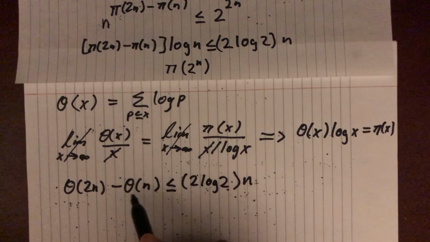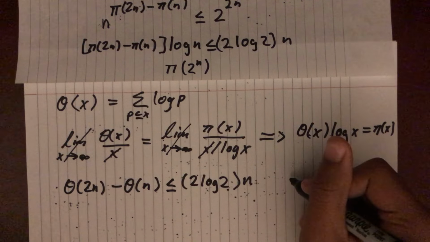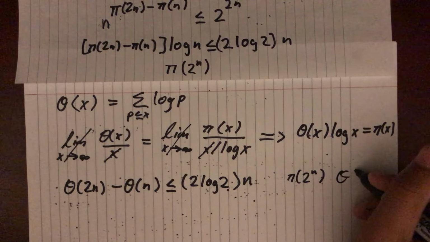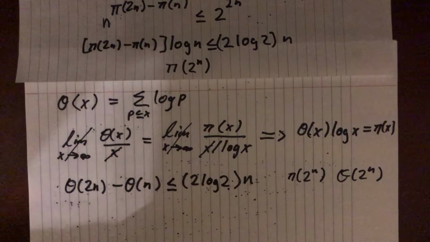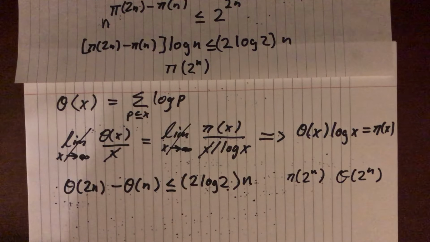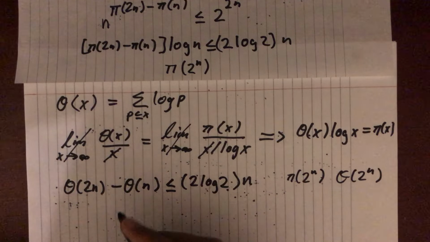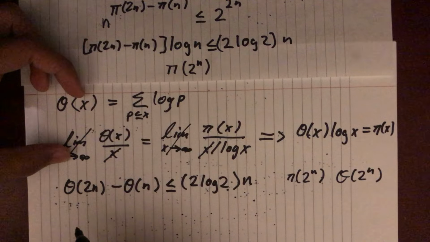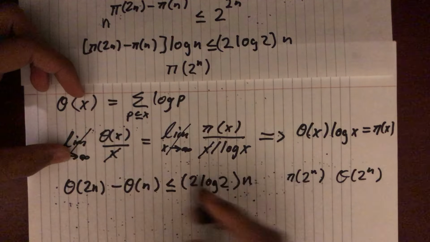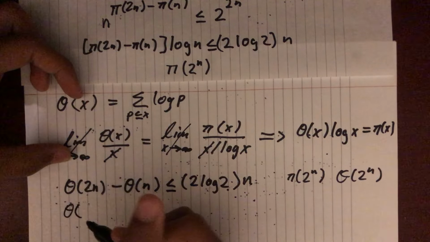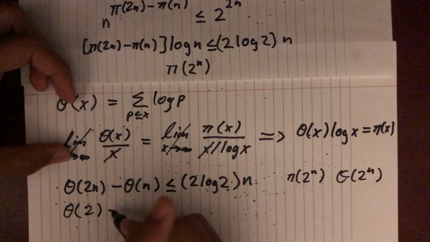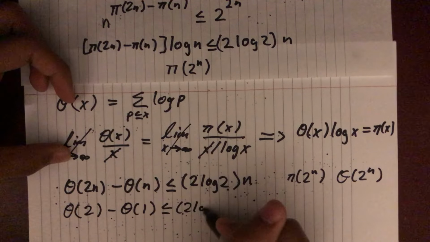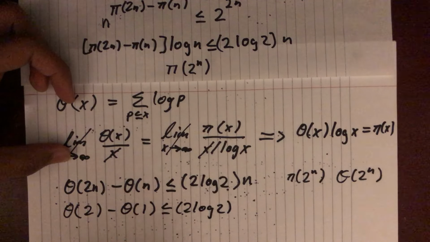Well, if you look at this, we want to find pi of 2 to the n, so we're going to find theta of 2 to the n and then sort of flip it back. And so if you look at this, you can think, okay, what happens if I put in n equals 1? Theta of 2 times 1, I get 2, minus theta of 1 is less than or equal to 2 log 2 times 1.